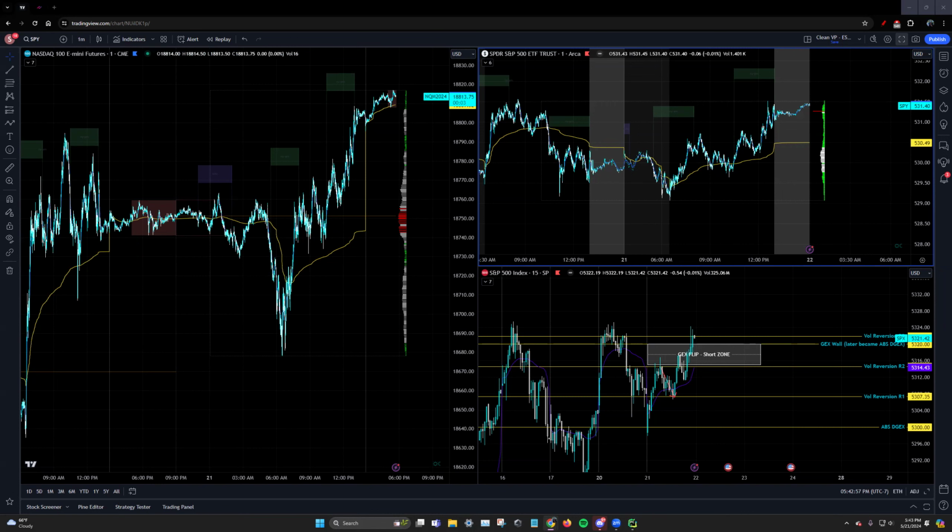Look, I talked about this too. You won't make the craziest percentages, but think about this. If you're playing in the money contracts and the market randomly dumps, go back to yesterday's class and look at the visualization that I had of an out of the money contract versus an in the money contract. It's a huge difference.